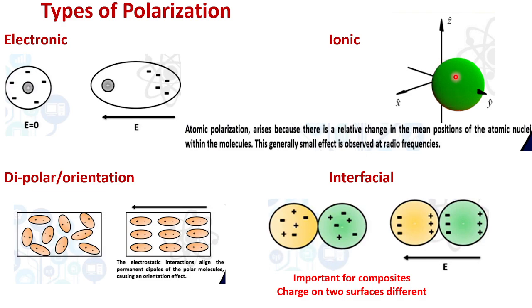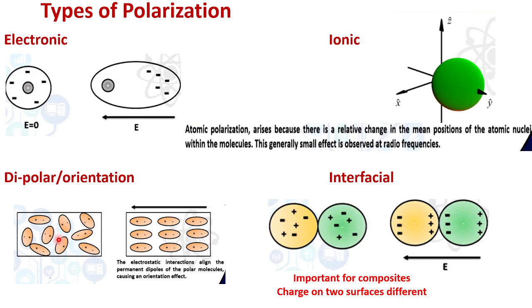So, if it is a nuclei, it is always fluctuating, and based on that, the mean position will change in presence of the electric field. The third one is the dipolar or orientation polarization. Now, we know if there is two heteronuclear atoms, obviously because of the electronegativity difference, there is always delta plus and delta minus charge.